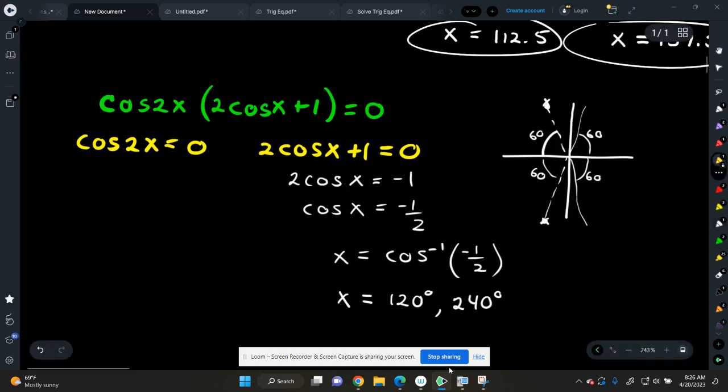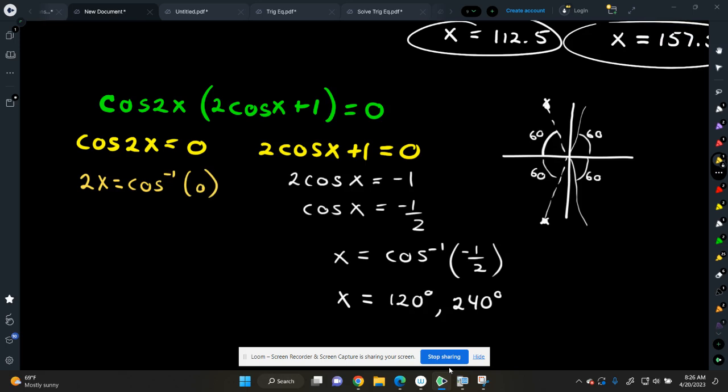So I've got cosine 2x equals 0. So that means what? 2x equals inverse cosine of 0. So now let's look and see, where is the cosine equal to 0?